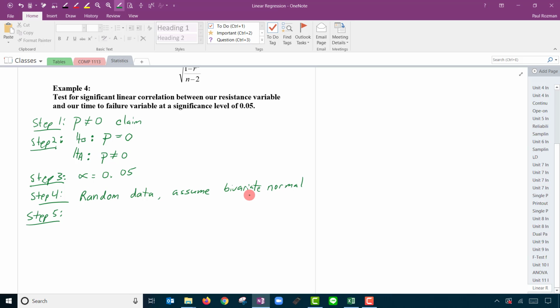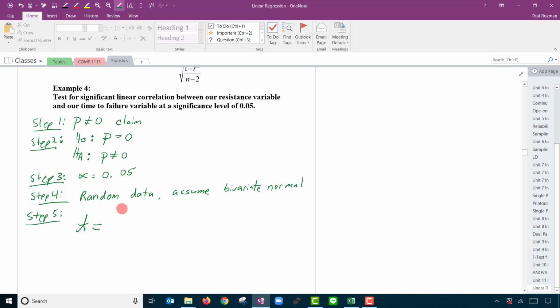Linear regression modeling can be abused, I suppose, in some situations where that is violated, but we find that this correlation coefficient isn't horribly thrown off even when you don't have this bivariate normal. There are ways to check for this in an indirect way, which we'll quickly run through later.